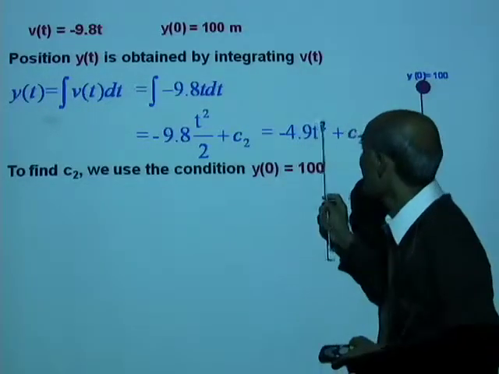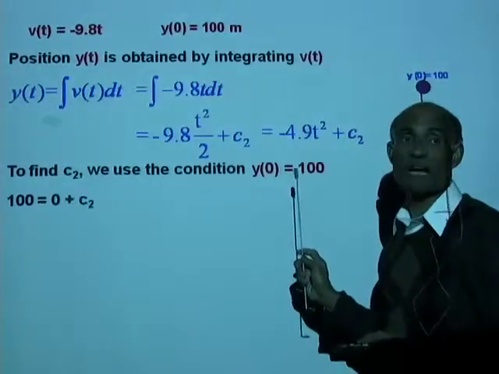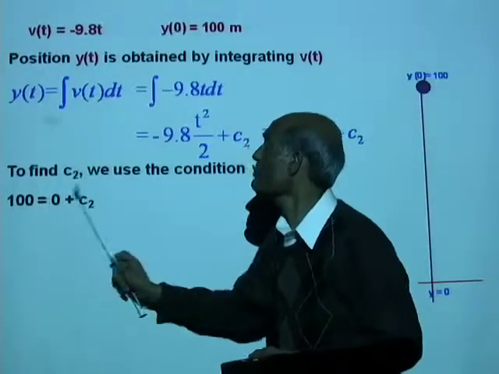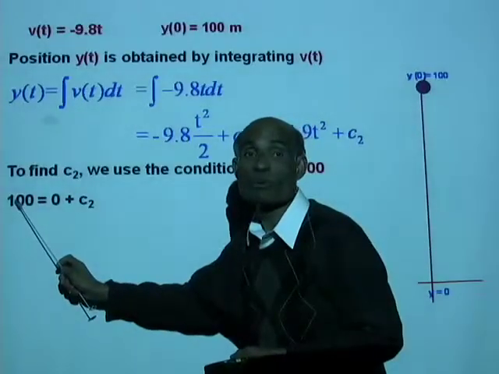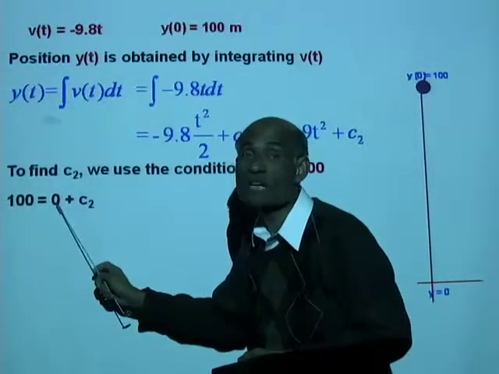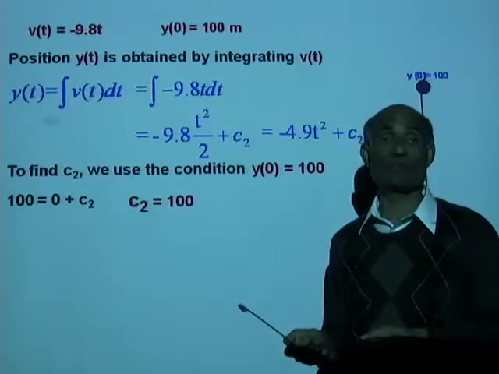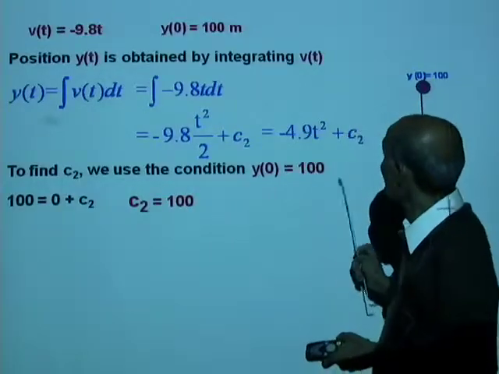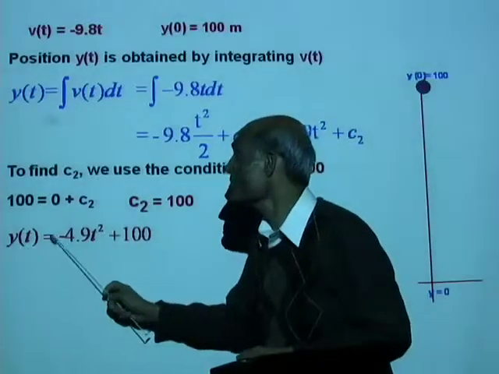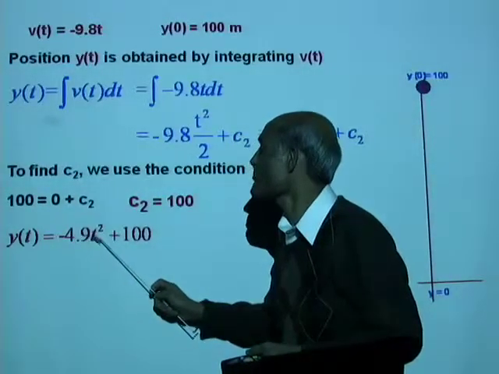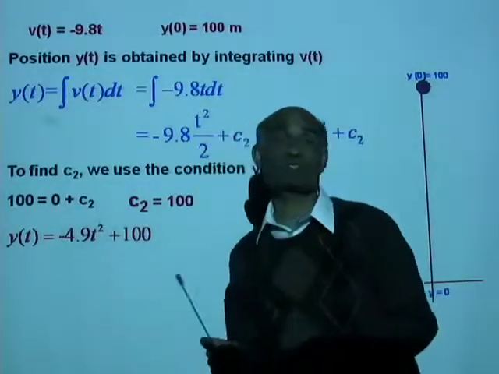And now we know that when t is 0, y is 100. Use that. We get 100 equal to 0, because when you replace y by 100, you need to replace t by 0. And that gives you c2 equal to 100. And take this c2 into here, we will get the position function. So we got y of t is negative 4.9 t squared plus 100. This is the position function.